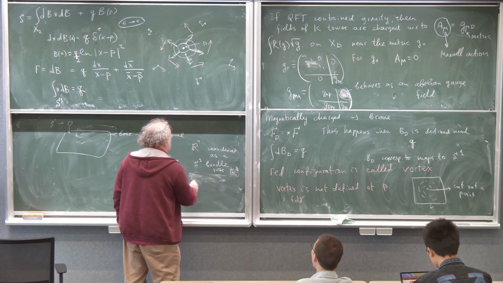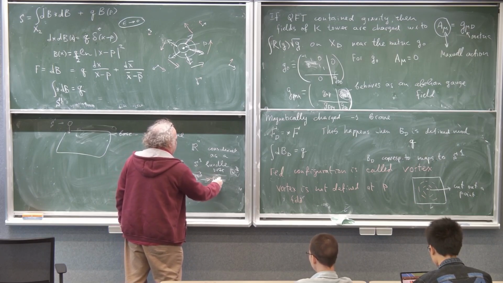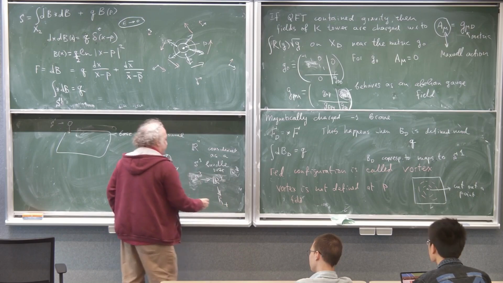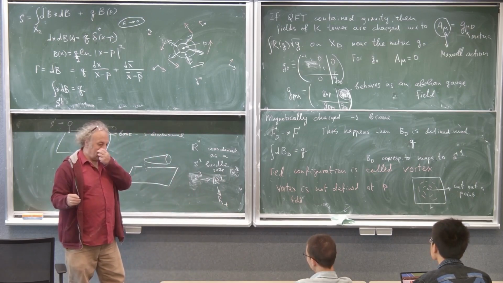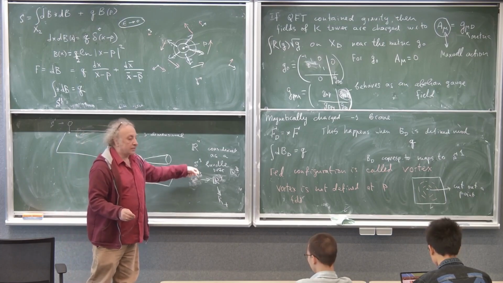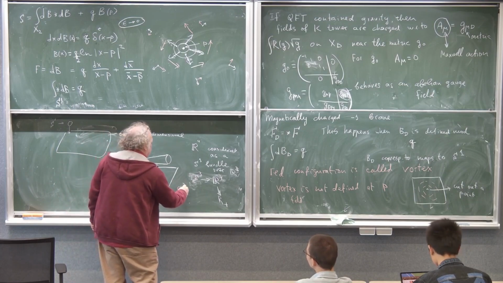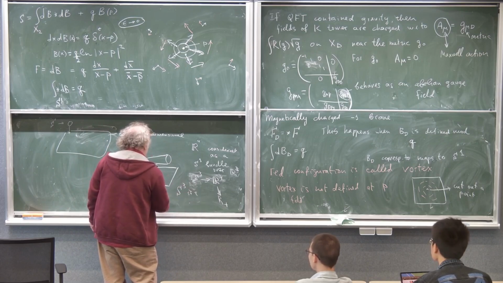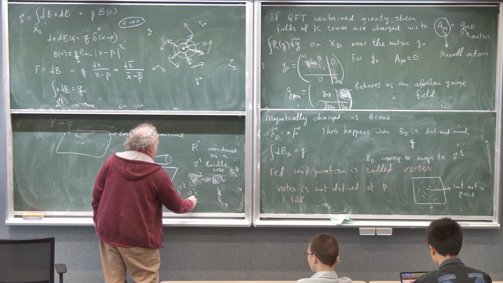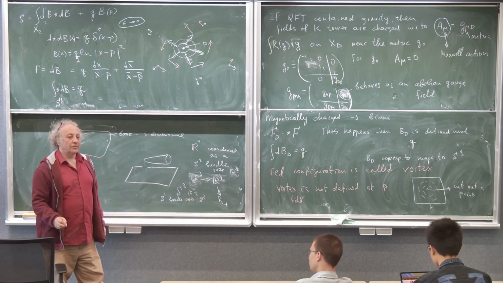So we write it this way: S3 bundle, and this is R4, over R plus. Okay? Now, S3 itself is an S1 bundle over S2. It's called the Hopf fibration.